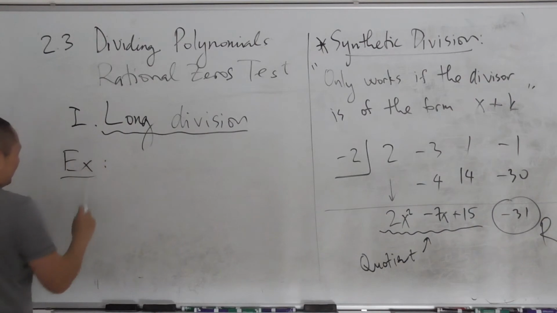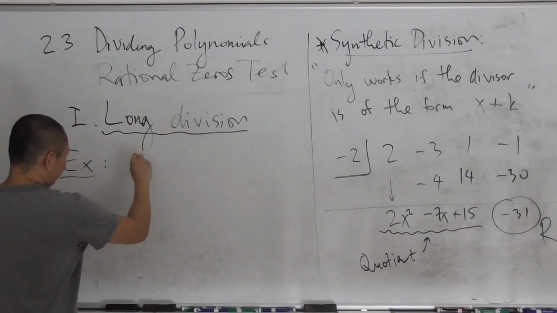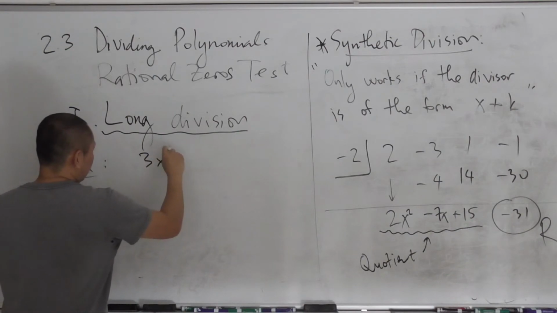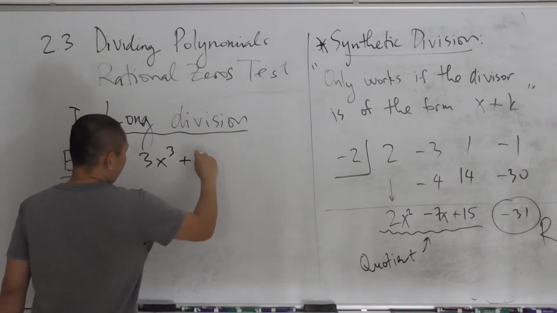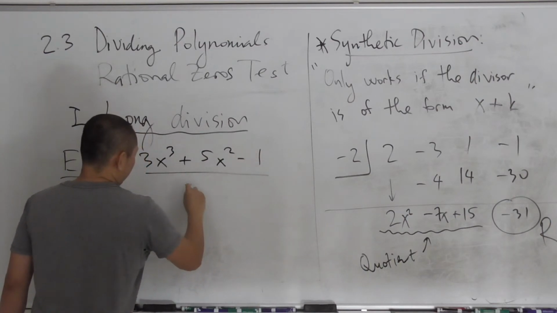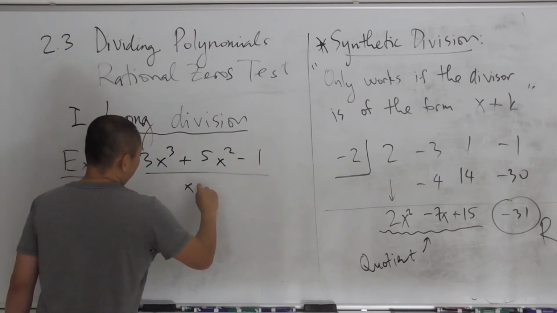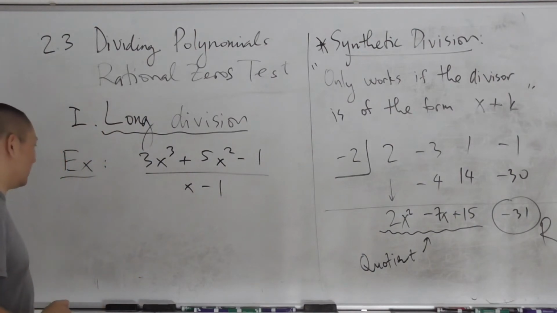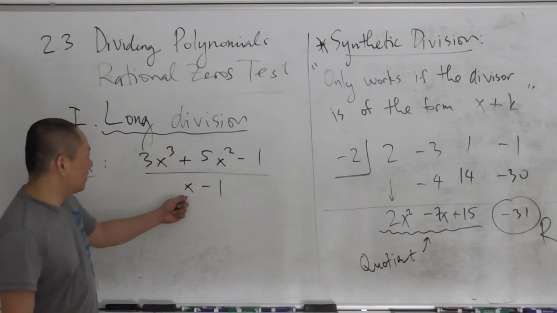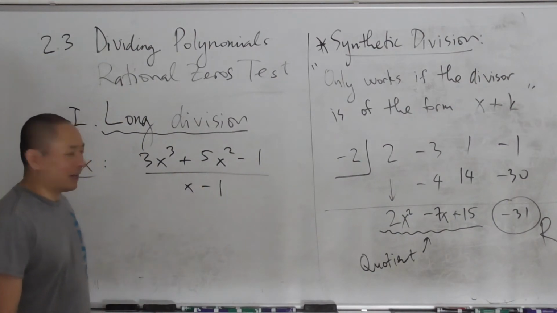Okay, we'll work on another example. What if we have this? 3x cubed plus 5x squared minus 1 over x minus 1. First of all, can we do synthetic division? Yes, because we have a single x and then plus -1, right?